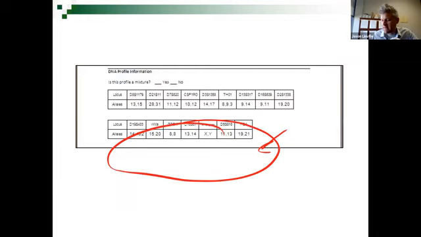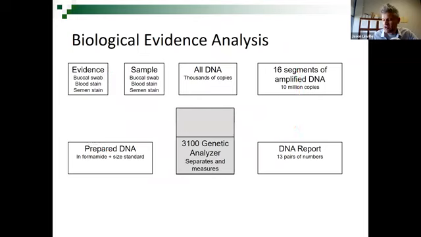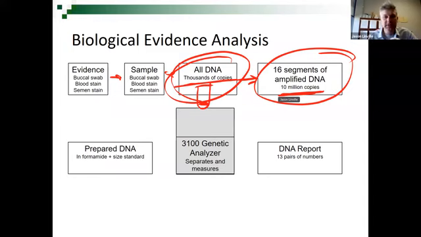But before we get into the details of how to amplify these specific 13 areas, we want to back up and talk about the general process of amplifying DNA. Now notice here, this is our extraction. This is where we're at right now. And where we're going is into this area, 16 segments of amplified DNA. But notice here, thousands of copies, 10 million copies.